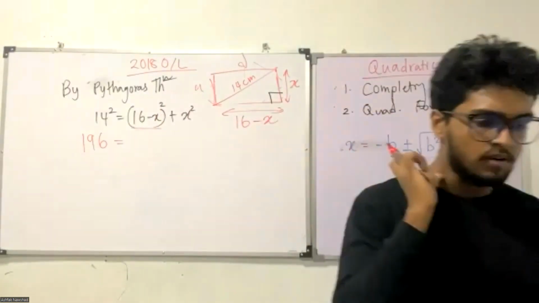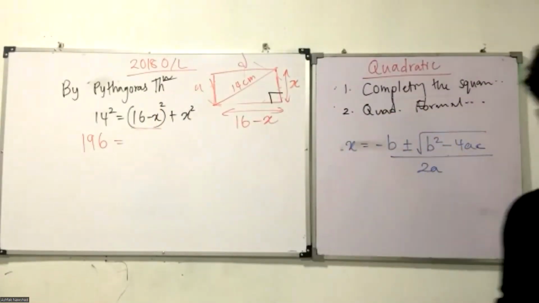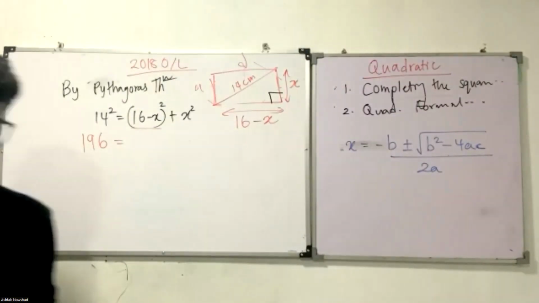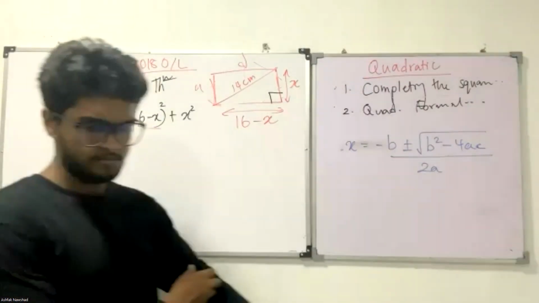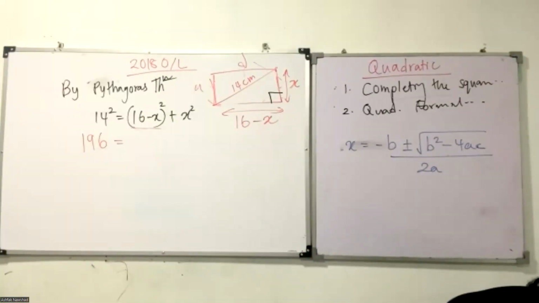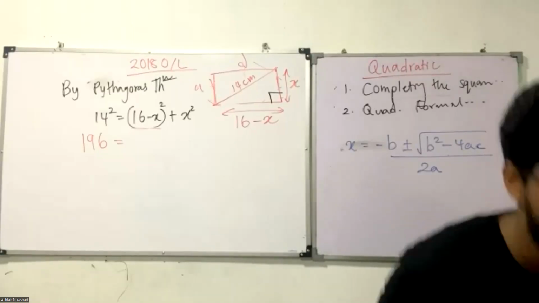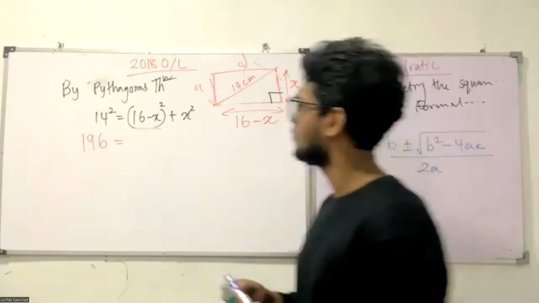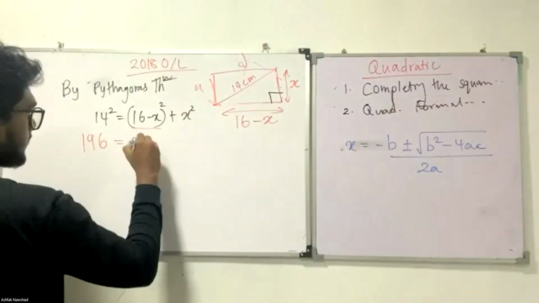Expand this quickly. 16 minus x to the power 2. Expand this. 16 minus x squared. x squared minus 32x plus, sorry, 256.